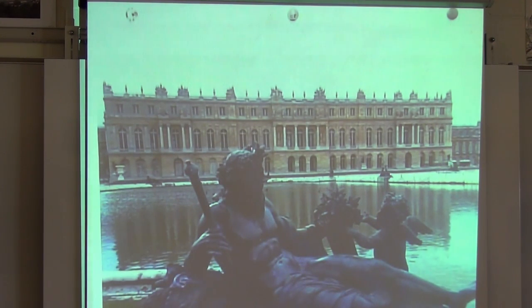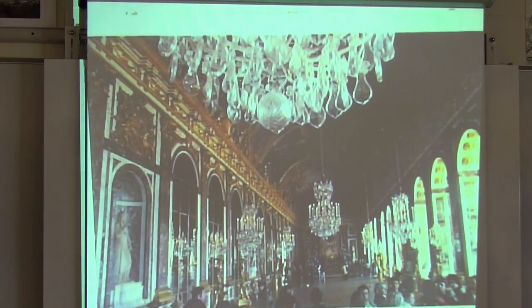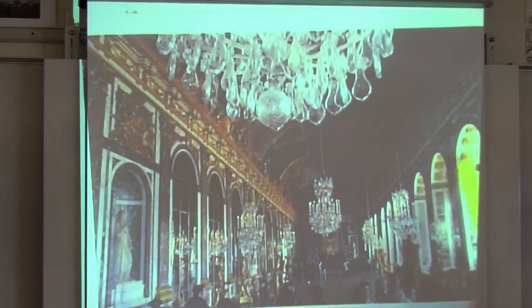This room is called, ready for this? The Hall of Mirrors, and here it is. Okay, so that's on the back side of your picture, all right? You can see that these are the windows over here.